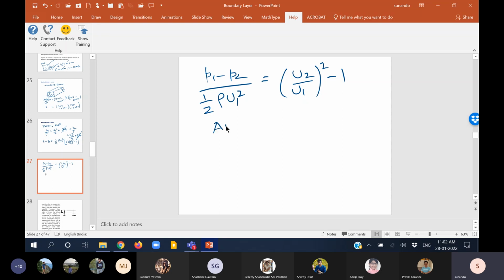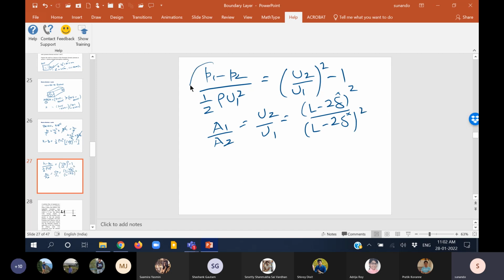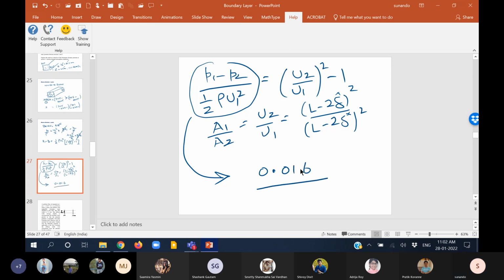And we know from the equation of continuity that A1 by A2 equals U2 by U1, and this is (L minus 2 delta1 star) by (L minus 2 delta2 star), whole square. Then you could find out the numerical value of this, and this is going to be about 0.016. So less than a 2% change.